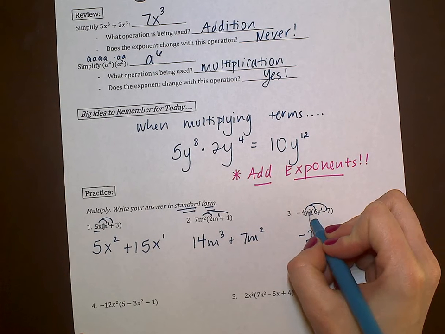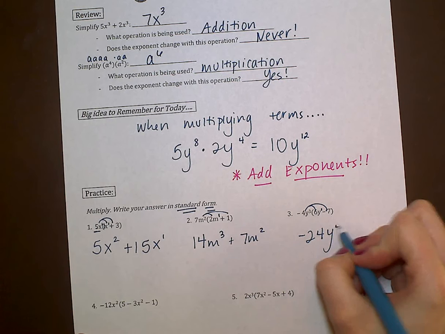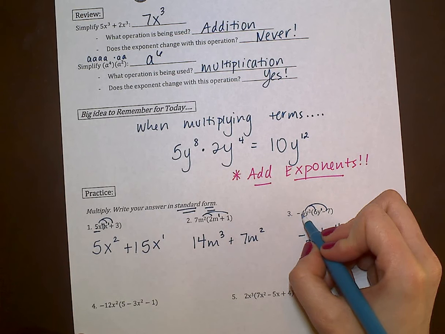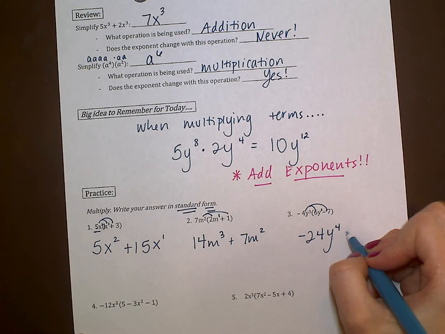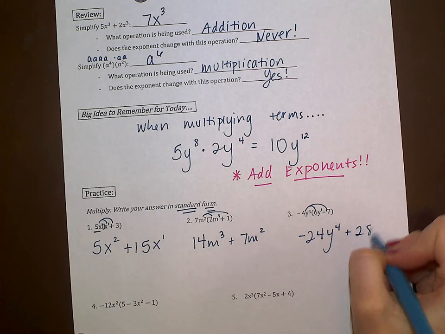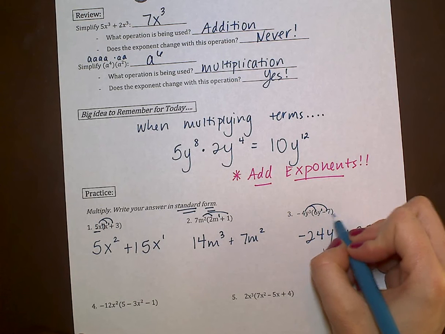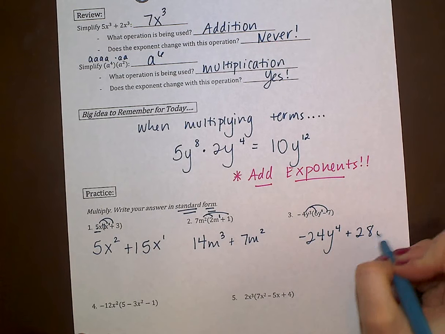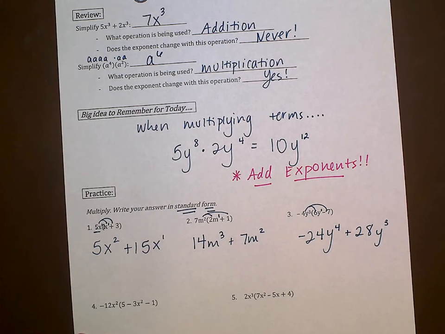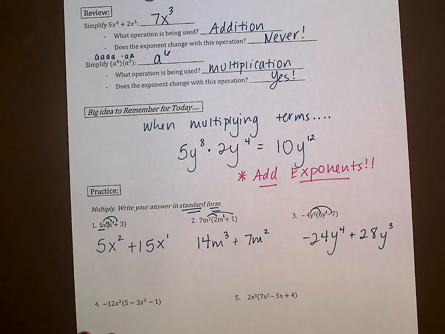So y to the third, y to the 1, that's y to the fourth. Okay, be careful with your sign. Negative 4 times negative 7 is positive 28. If there's no y's on the second term, then you just bring these y's down. So it's 28y to the third as my answer.